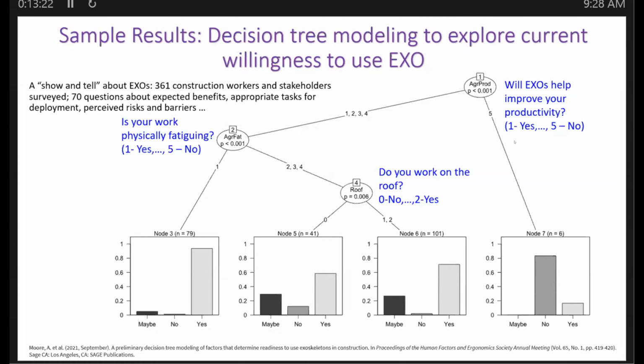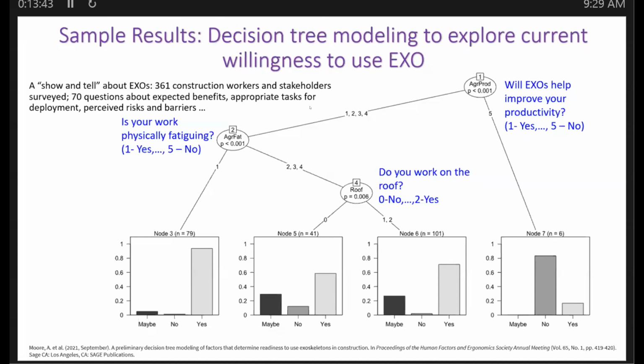And the scale, they answered on a Likert scale ranging from 1 to 5, where 1 was definitely yes and 5 was absolutely not. And you see that the 5, the absolutely nots, separated out. There were a small number, 6 out of over 300 people that said that. And clearly among them, there was an 80% chance of them never using an exoskeleton. They said, no, we'd not use an exoskeleton.